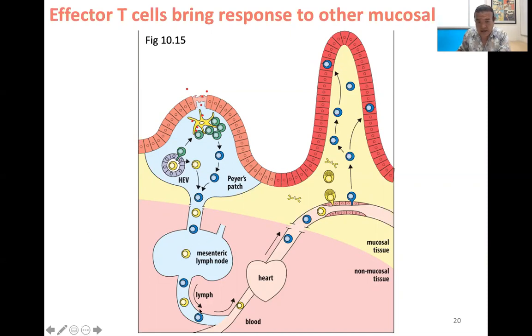And importantly, eventually those activated cells will make their way through our lymphatic system, get back into our blood, close to the heart, and the heart will then pump them throughout our body through the blood. And as I told you, those activated cells won't just wait to get back to, for example, your intestines.